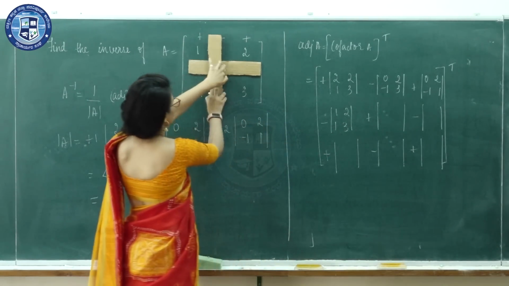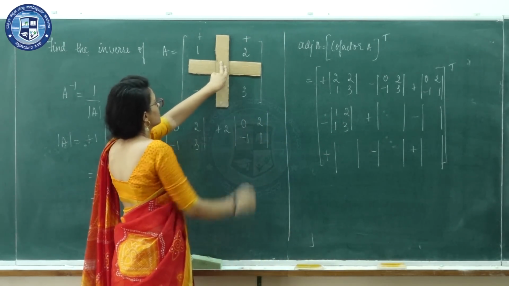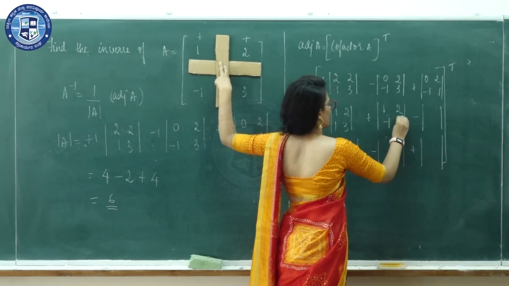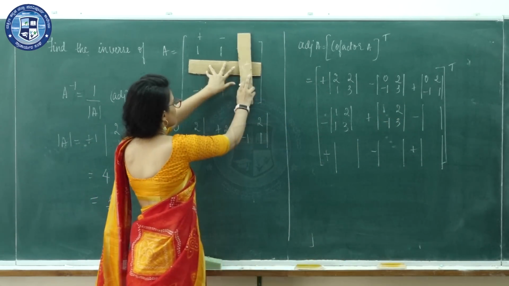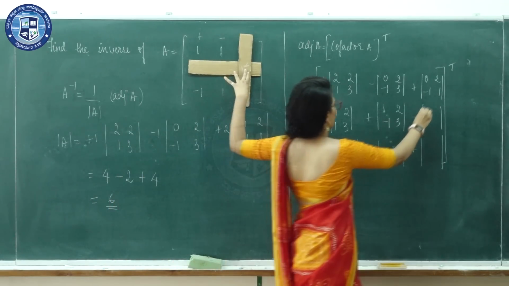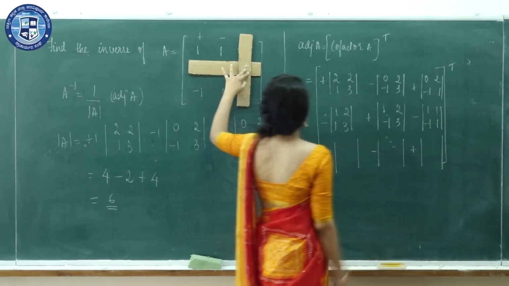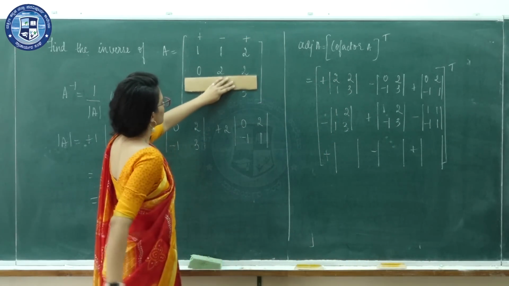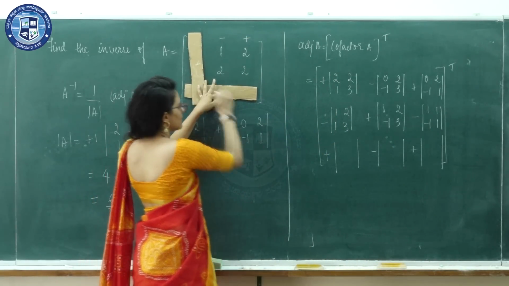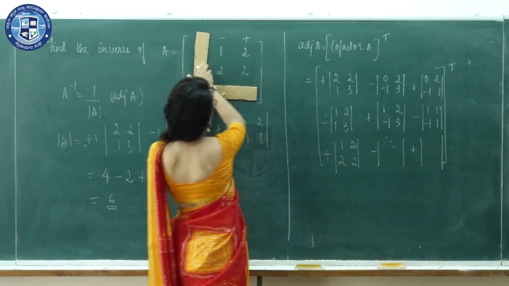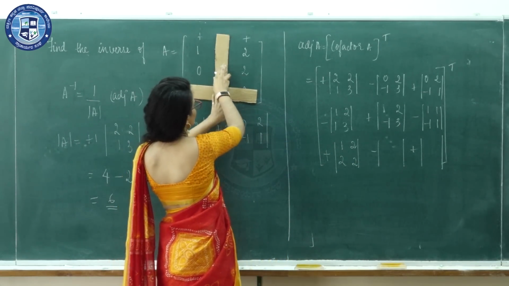Next one, 1, 2, minus 1, 3. Next, 1, 1, minus 1, 1. Last row, delete this, 1, 2, 2, 2. The next one, 1, 2, 0, 2.